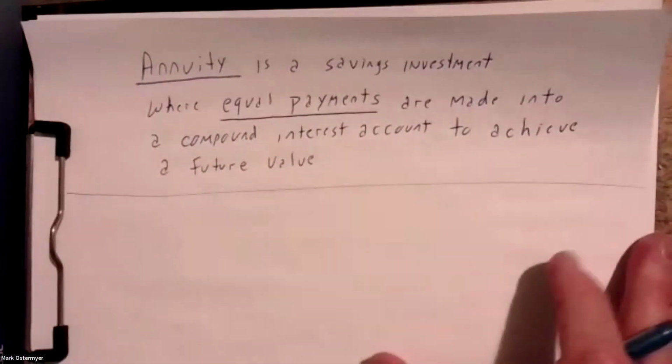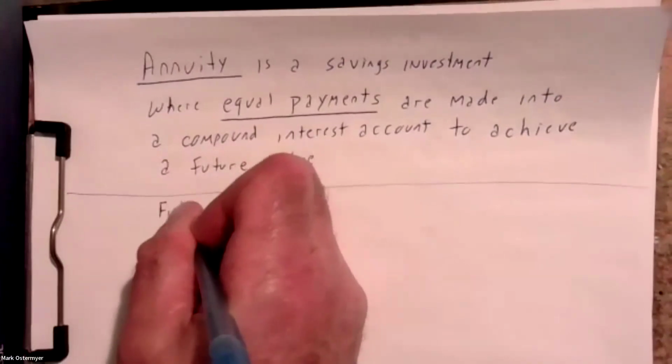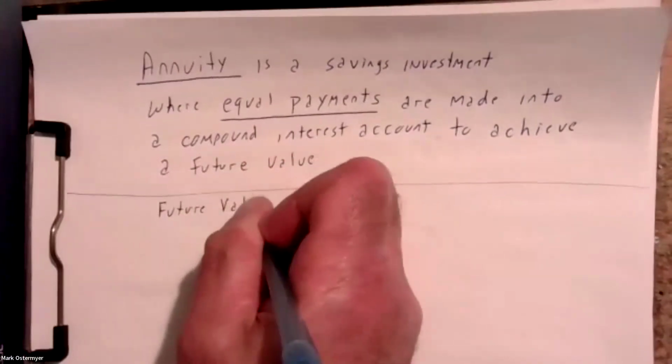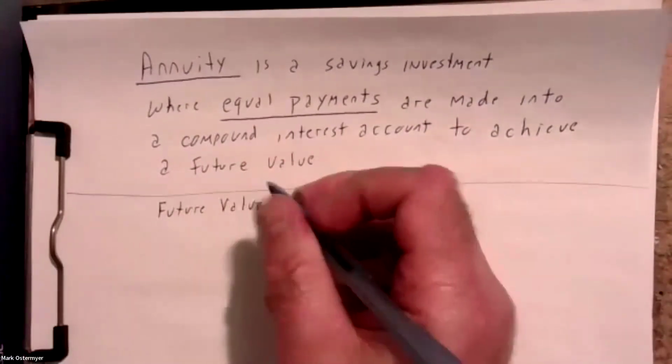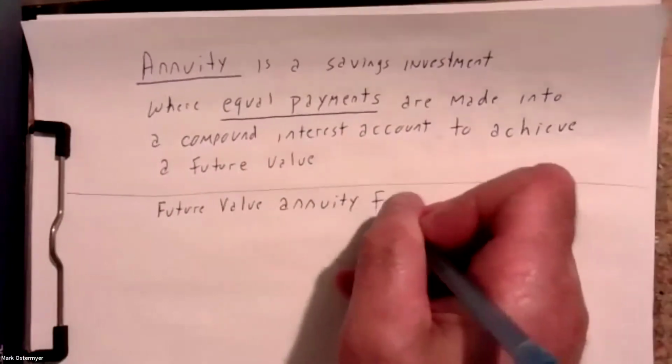And so right off the bat, I'm going to give you yet another formula. It's called the future value annuity formula.